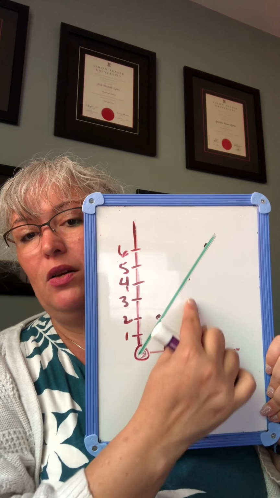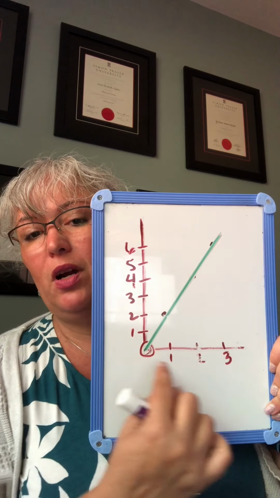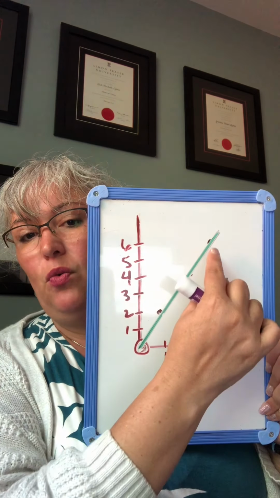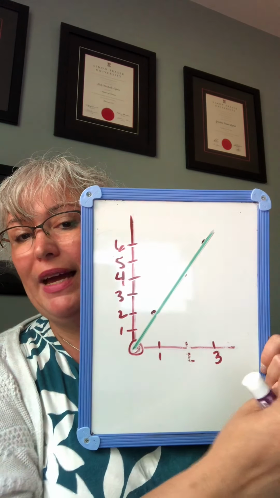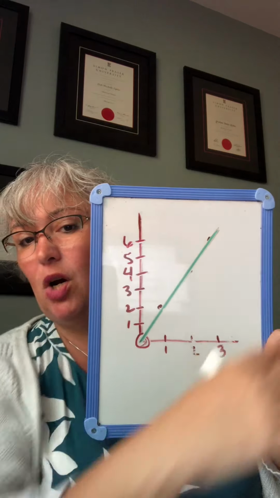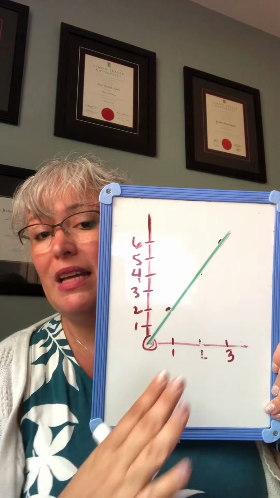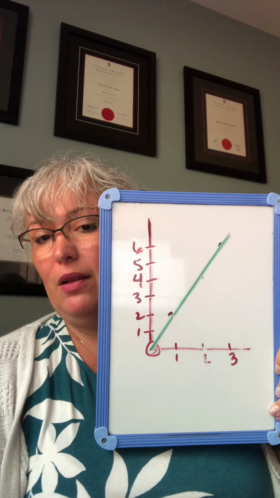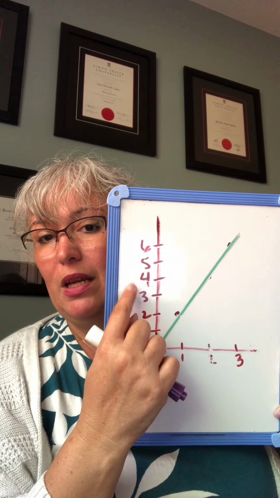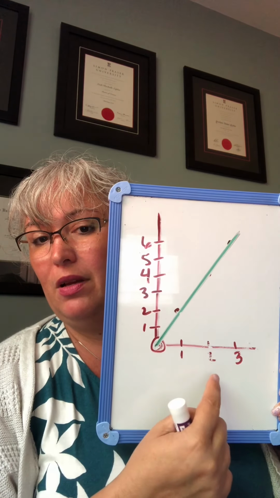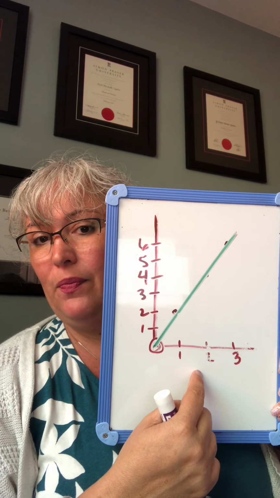X is 2, y equals 4. X is 3, y equals 6. If I kept going with my x's and my y's, this line keeps going as well. It represents the relationship between the dependent variable and the independent variable.